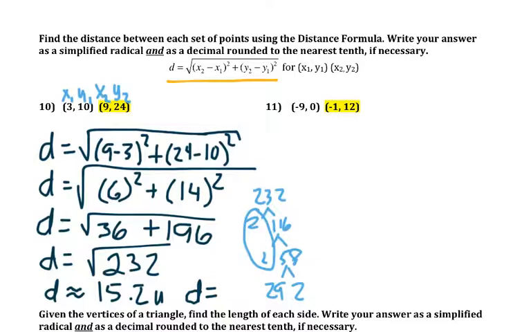So we get that d is 2 root 58. And again, that's in units as well. We don't know what the units are.